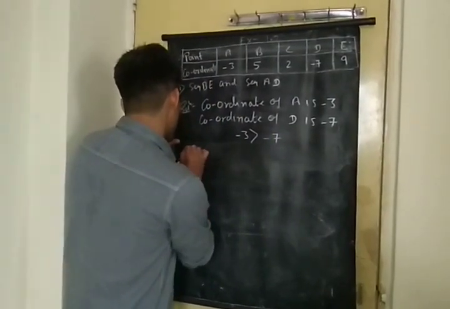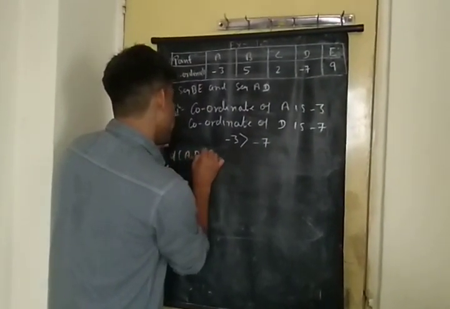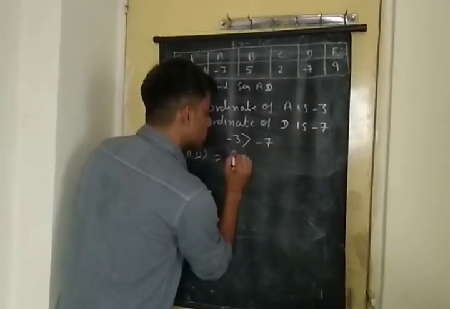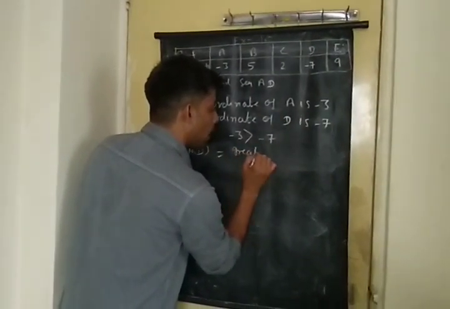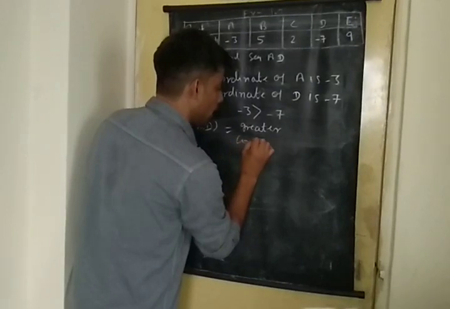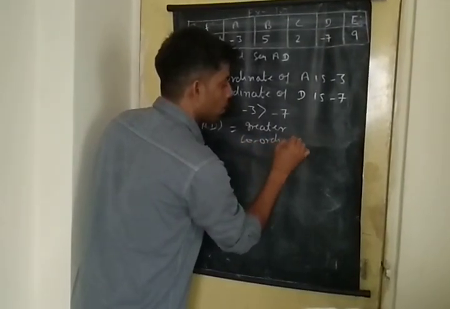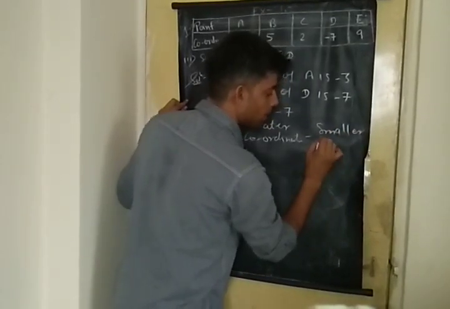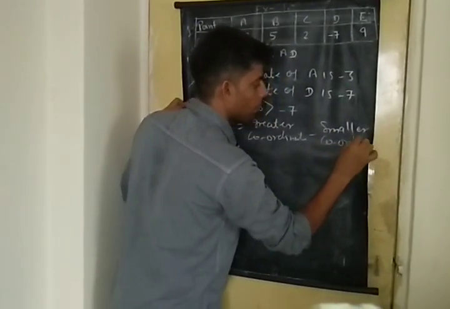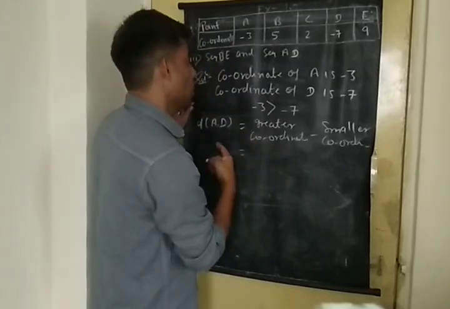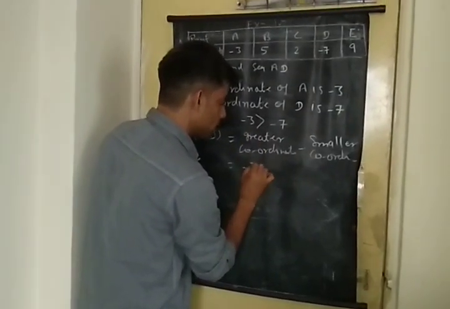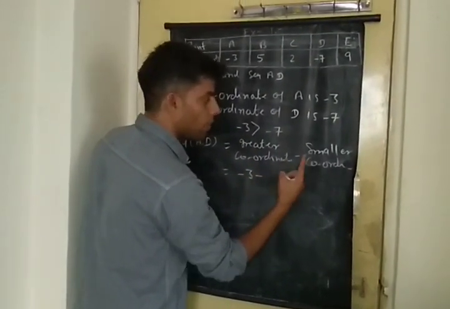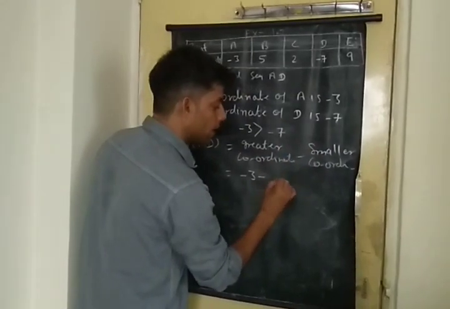Now using the formula for finding distance of AD, we'll write once again, it's greater coordinate minus smaller coordinate. So now greater is what? Minus 3, minus, from the formula, smaller coordinate is what? Minus 7.